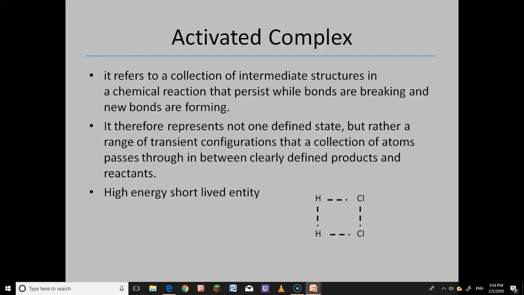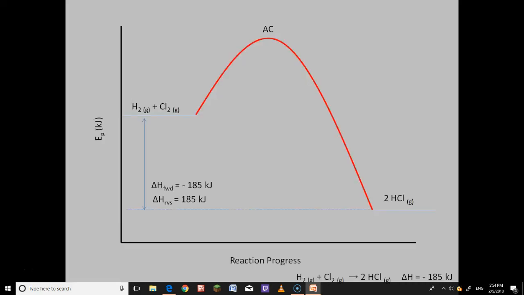The bonds between the hydrogen and chlorine are almost formed, which is why they're represented with a dashed line. And the bond between the two chlorine atoms is also almost broken, which is why it's represented with a dashed line. So we have our activated complex at the top.